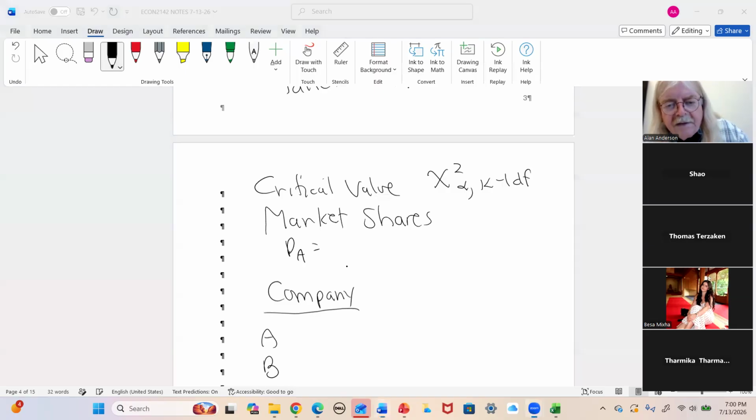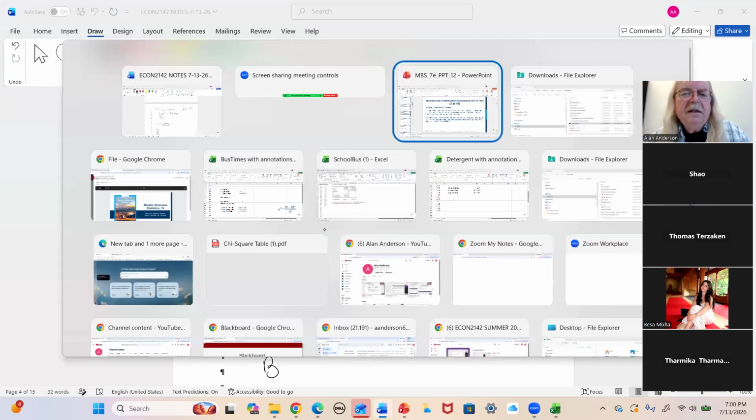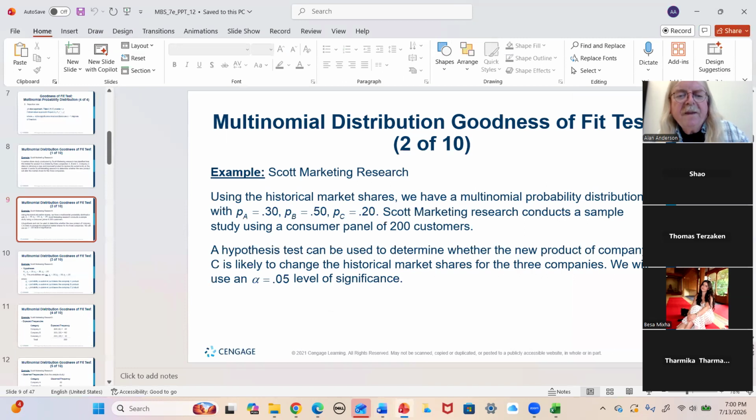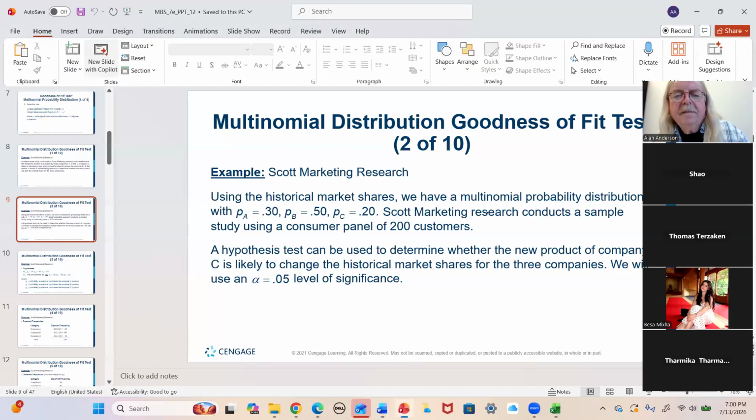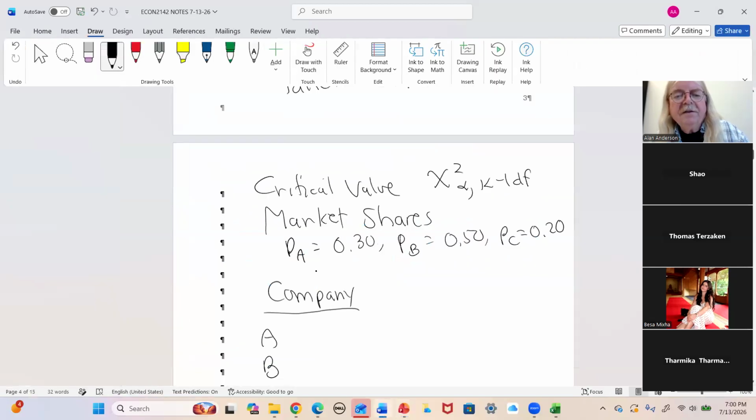So it was, once again, 30, 50, and 20, and the sample size is 200.